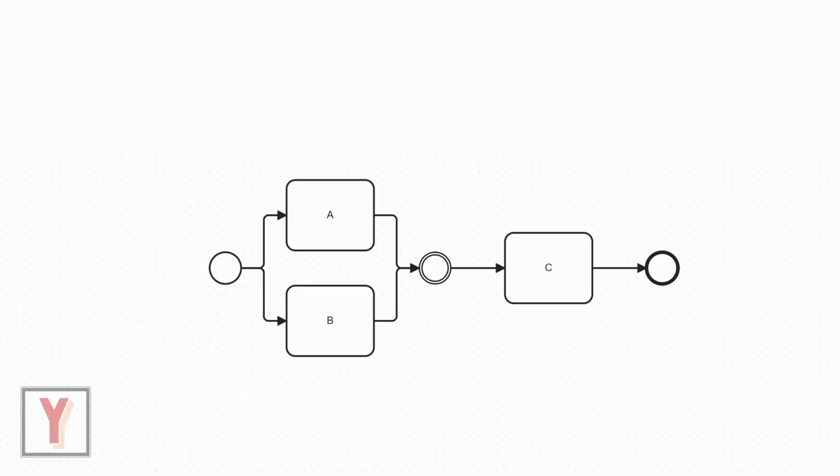So this example is here to show you that BPMN does not have Petri-Net places. If we look at this little process here, we have the start event, and if this were a Petri-Net, this would contain a token, and then either A or B could use the token to be activated, but not both of them.